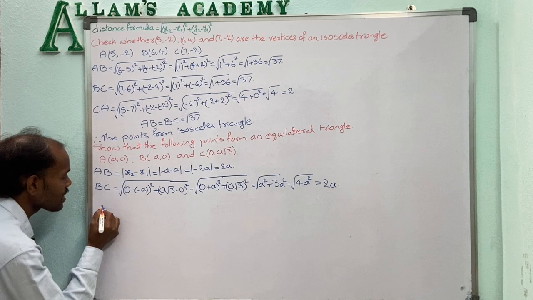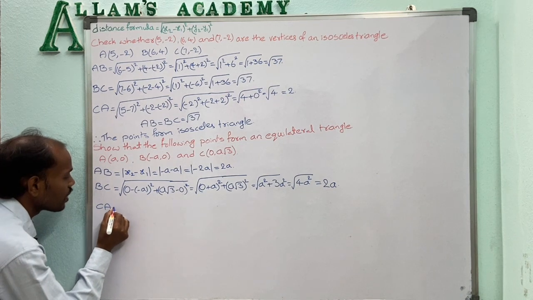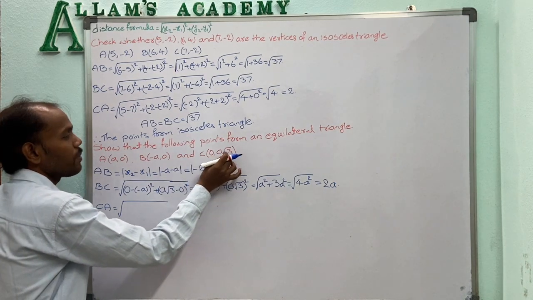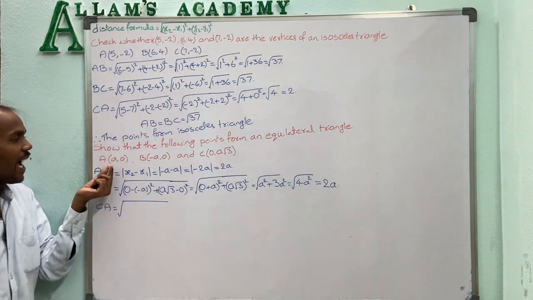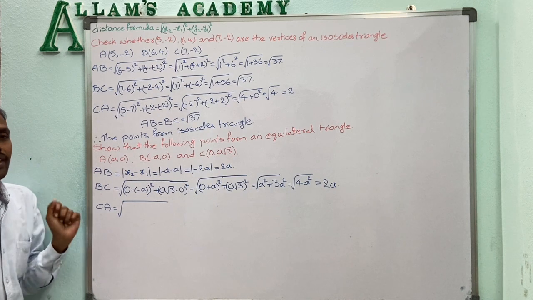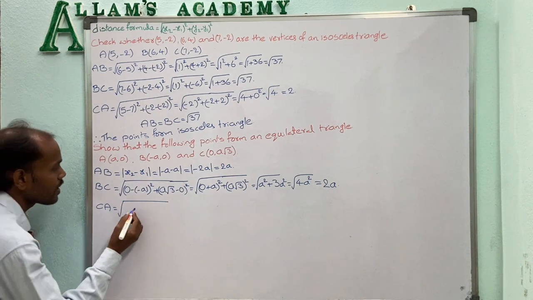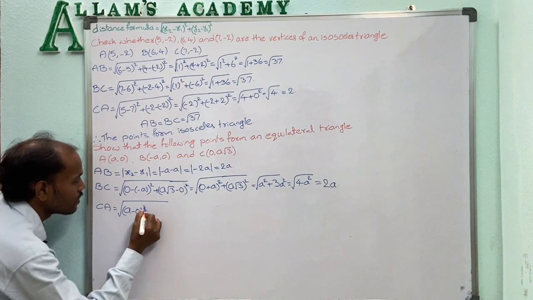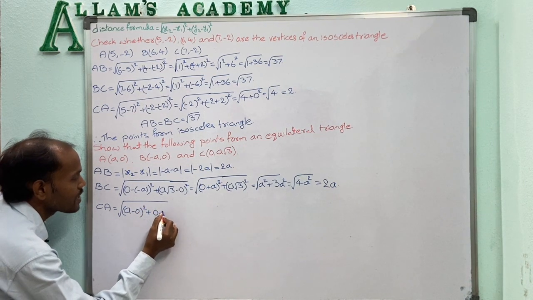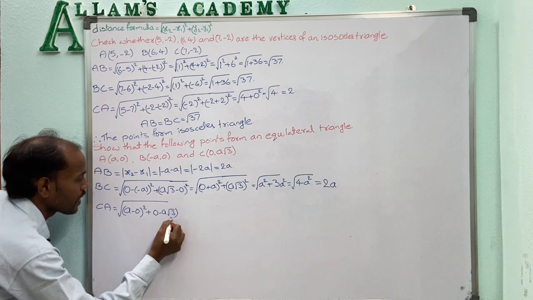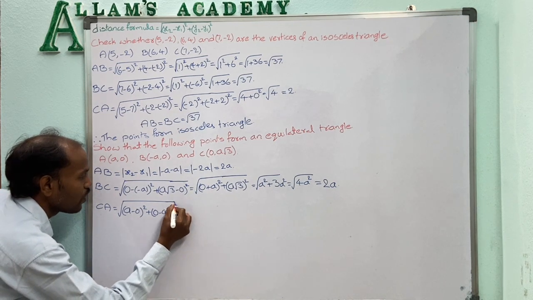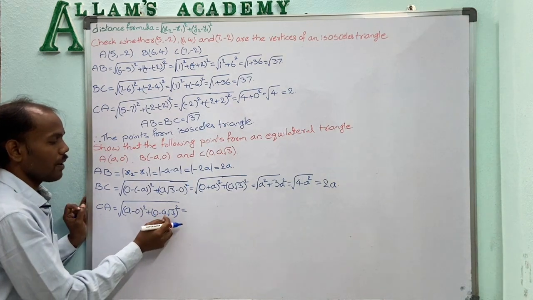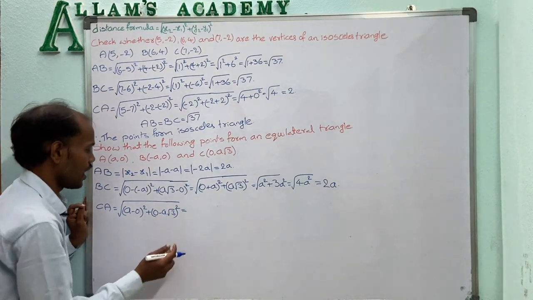Now finding the length of the side CA. Here the C point (0, a root 3) is (x1, y1) and (a, 0) is (x2, y2). So x2 minus x1 is a minus 0 whole square plus y2 minus y1, that is 0 minus a root 3, whole square. A minus 0 is a, and 0 minus a root 3 is minus a root 3.